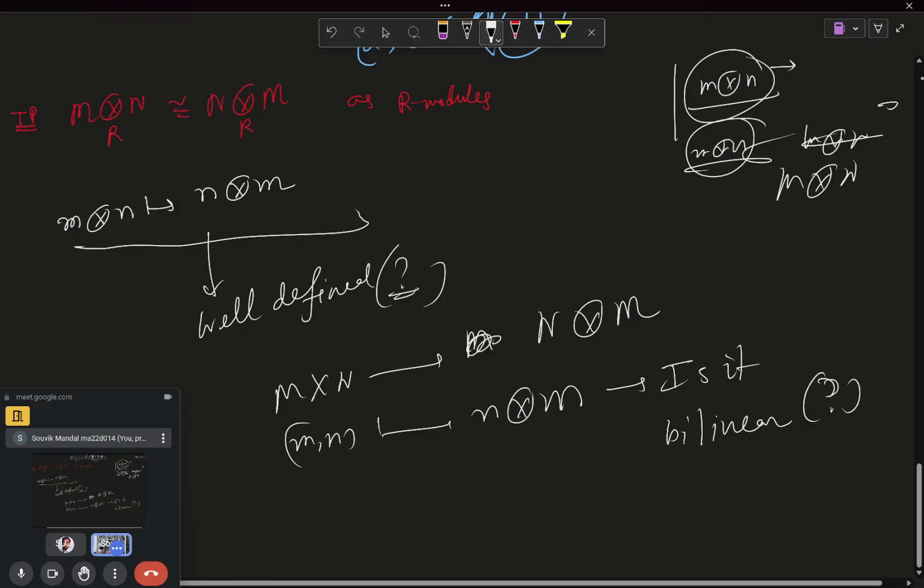If you have any issues understanding, the maps go from M cross N to N tensor M. On the right side we need to always put it. No problem.